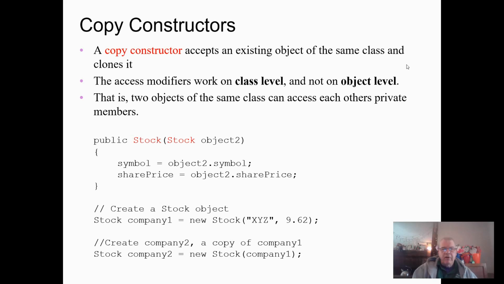So here's an example of a copy constructor for a stock object. It just sets the two fields, symbol and share price, to be the same as whatever the other object had. And that, being a constructor, returns an object which has the same data, so it would pass the equals method, but it is a different object.